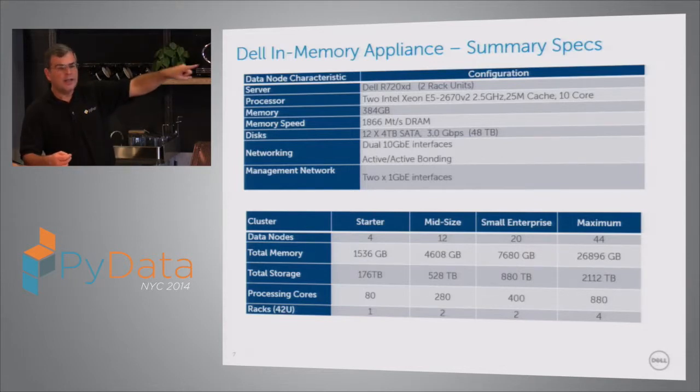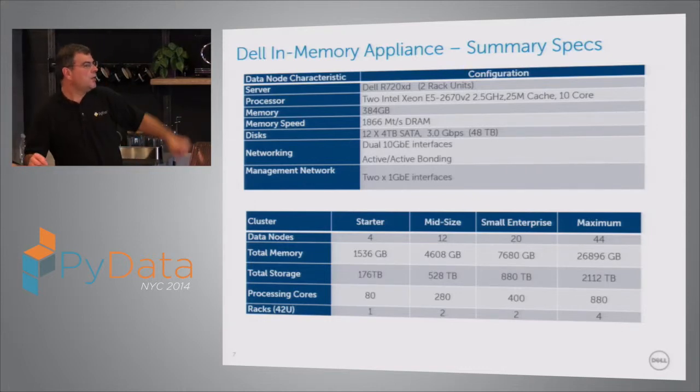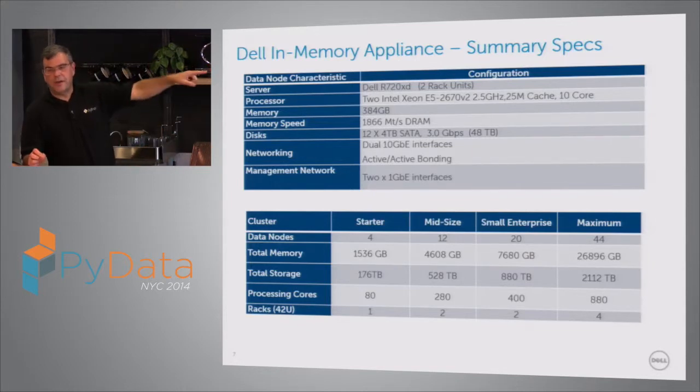In terms of scaling on the cluster, you can go between 4 data nodes up to 12, 20, and 44 as kind of a sliding scale, and you can also buy just 4 data nodes and add them over time. In terms of total memory, you're starting at 1,500 gigabytes, and you're going all the way up to just shy of 30 gigabytes of memory. So this is a large memory footprint cluster.